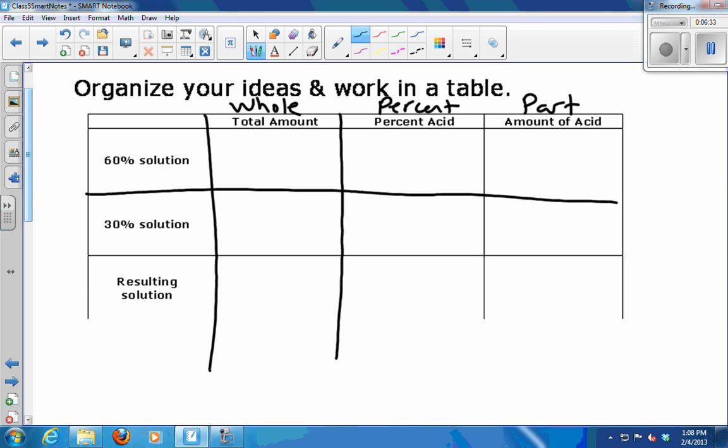So my 60% solution, how much of it do I have? 300 milliliters. I'll put 300 in here. And what is its percent acid? 60. I'm going to do that as a decimal, 0.6. And then whole times percent equals part. So if I take 60% of 300, that will give me pure acid if I were to say evaporate out all the water, right?